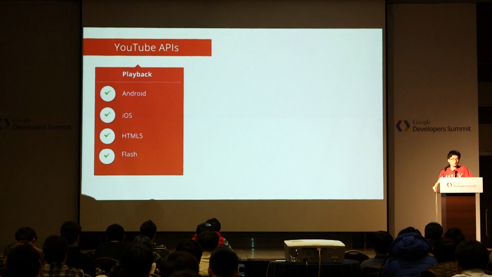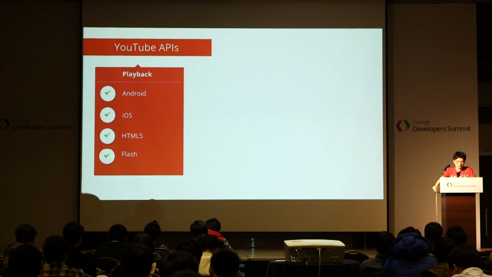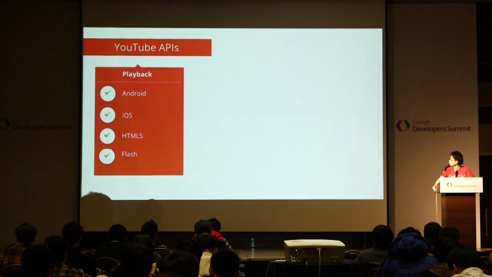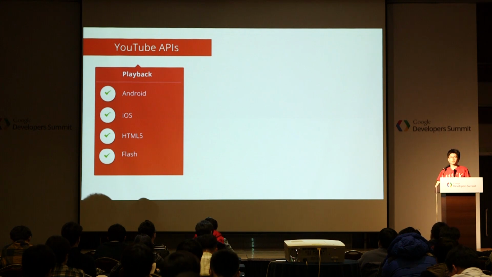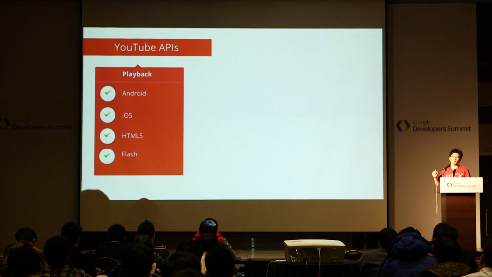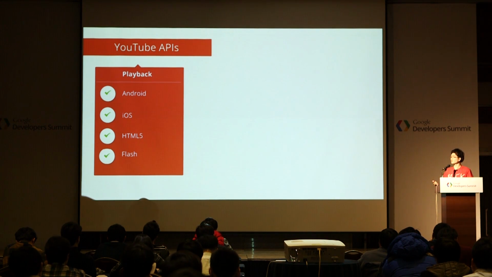In YouTube, we have 3 features. One is Playback. If you access YouTube, you search for some video with some query, find a video, and then play. This is the basic feature of YouTube. Playback is the most important part of YouTube, because YouTube is a video providing service.